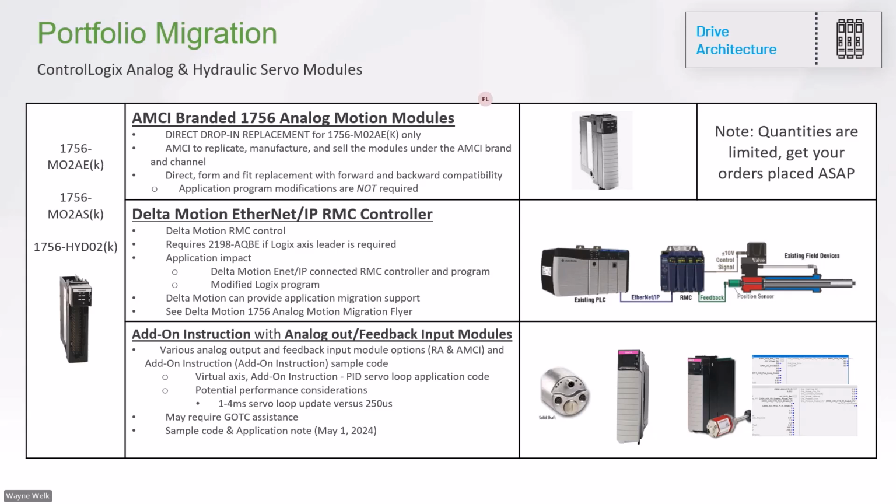And then finally, there is a code-based option using AOIs with other I/O modules for analog output and feedback input. This process can be labor intensive. It may not be an option in every application depending on the features and the requirements. Your GOTC may need to get involved in that. So if that becomes an issue for you, get in touch with us. We will make sure that we talk with the right people and that we give you a recommendation and get you in touch with the folks you need to do that.